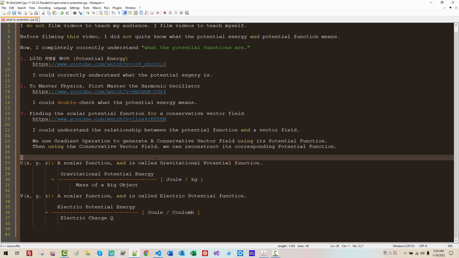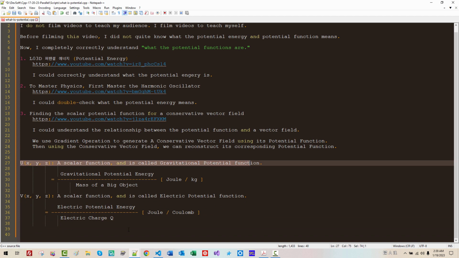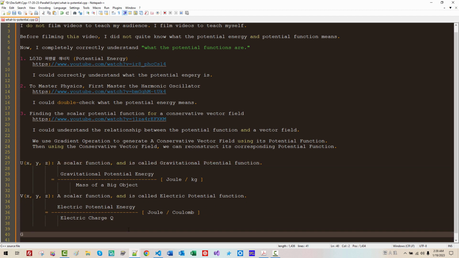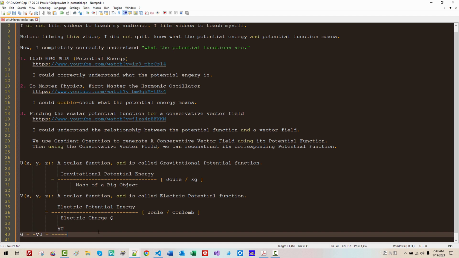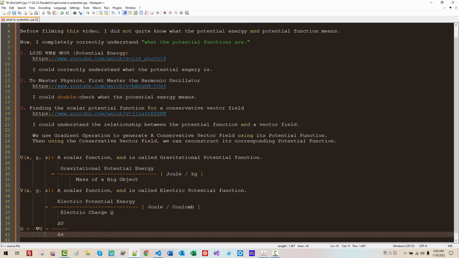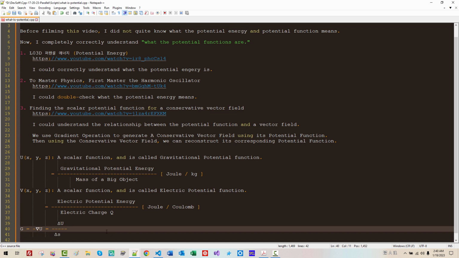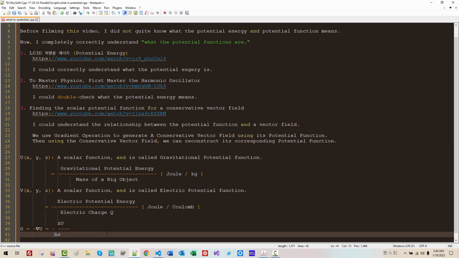From the gravitational potential, we create a vector field. It is usually denoted negative gradient u. This is the gradient operator. It is defined as delta u over delta s. Here we need the negative.